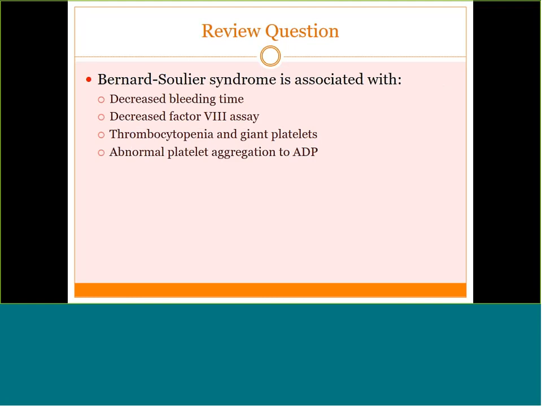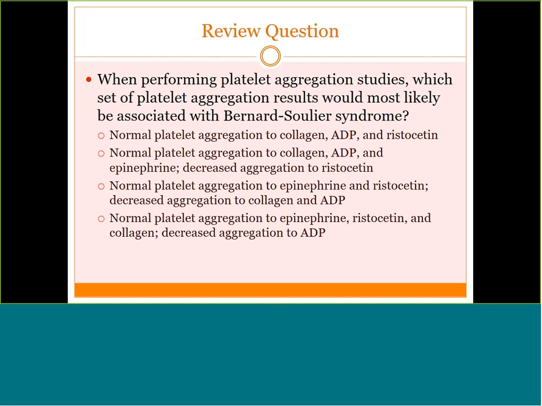Bernard-Soulier syndrome is associated with, and sorry, I don't have the answers in front of me, so I have to read through it. In this case, it would be thrombocytopenia and giant platelets would be the right answer out of the 4 choices. When performing platelet aggregation studies, which set of platelet aggregation results would most likely be associated with Bernard-Soulier?